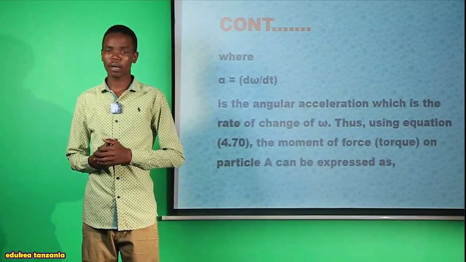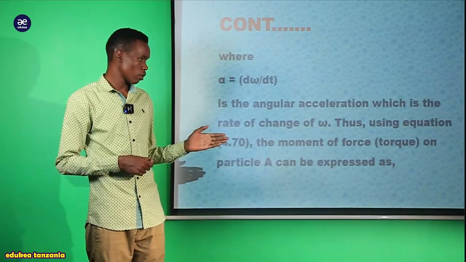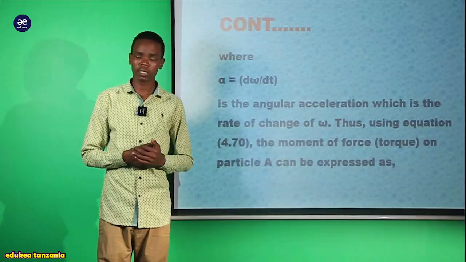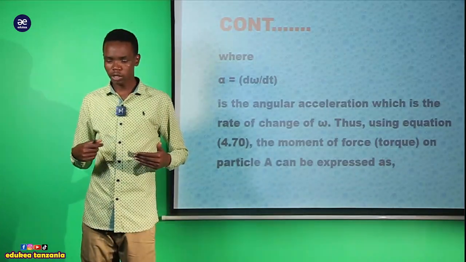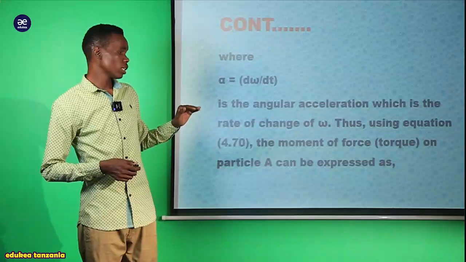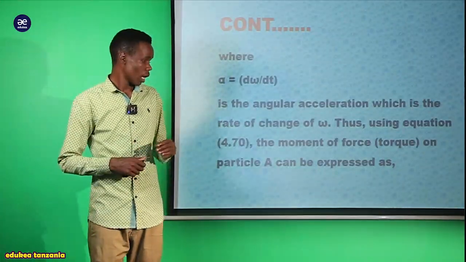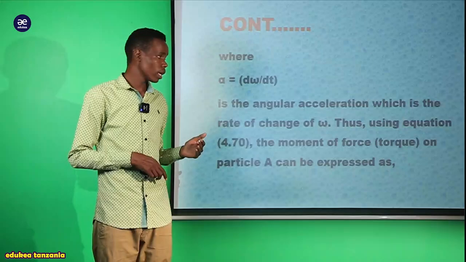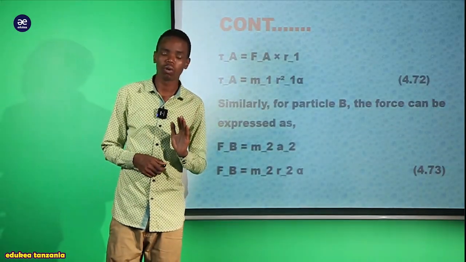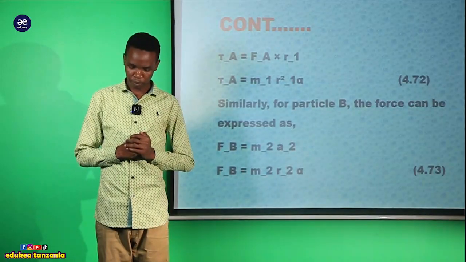As we use our equation number 70, we say that the moment of force, which we call torque, on particle A can be expressed as this. For particle A, torque A must be equal to force A multiplied by R1.